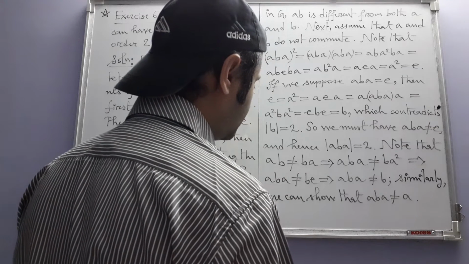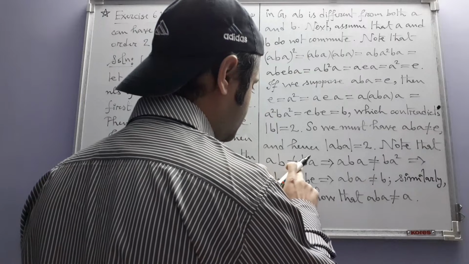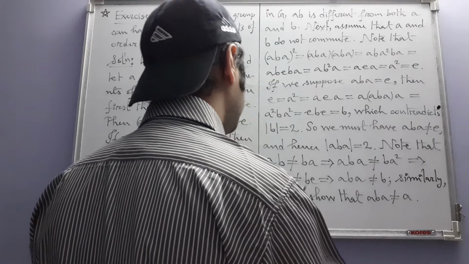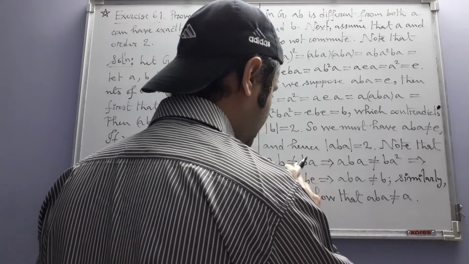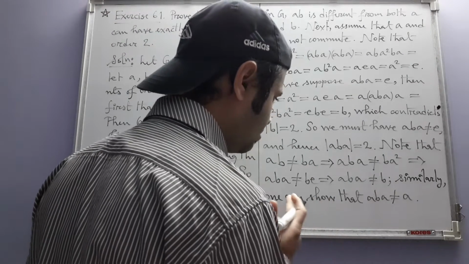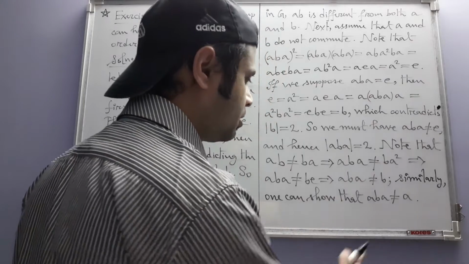So we have to get rid of B. If we pre-multiply, or I think this way of showing is becoming confusing for me also. You show it the usual way.